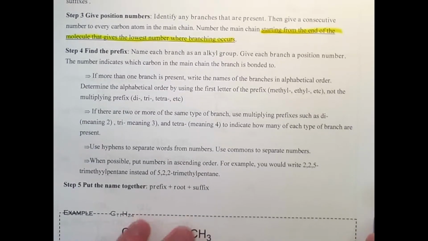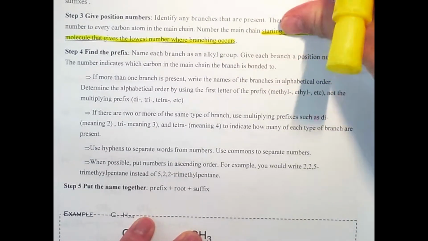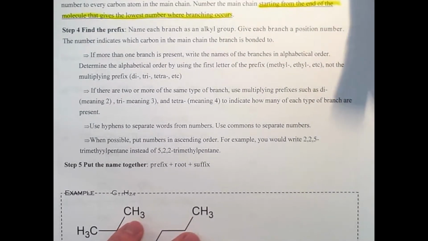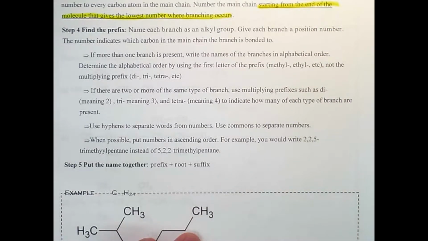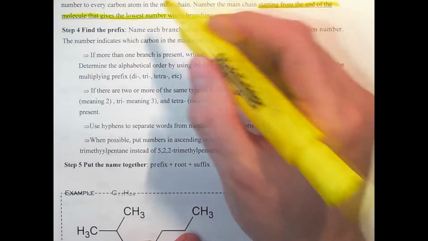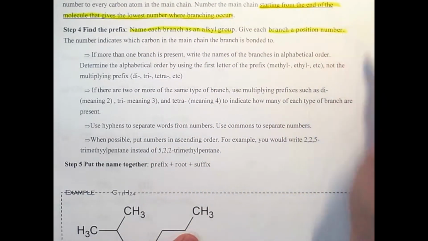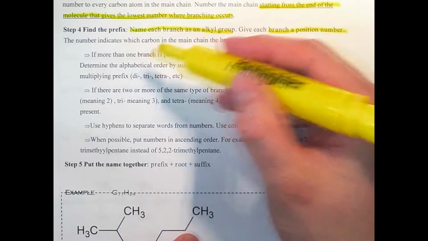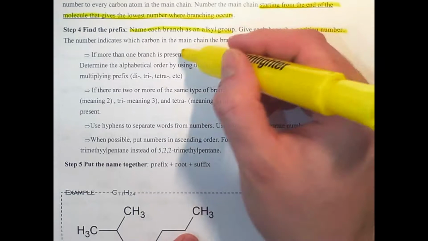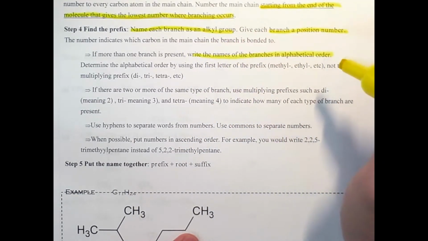So the last thing we have to do, which is pretty straightforward, but at the same time there's a lot of little pieces to it. So we need to name each branch. That's what we do for the prefix. We give each branch a position number based on step 3. If more than one branch is present, write the names of the branches in alphabetical order.